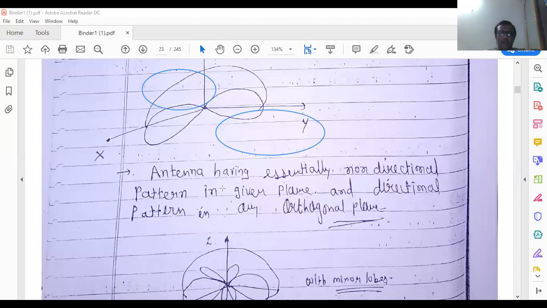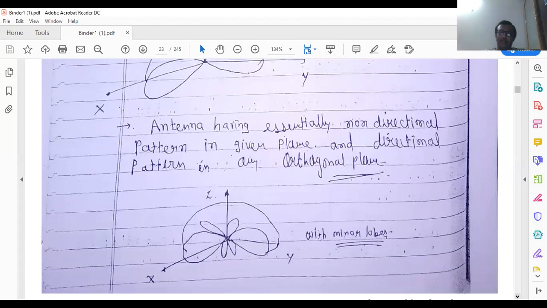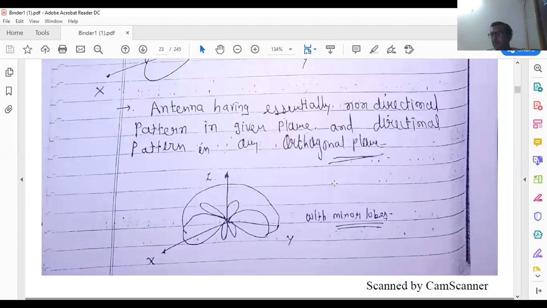See this. An antenna having an essentially non-directional pattern in a given plane, and a directional pattern in the orthogonal plane, can be considered an omnidirectional antenna.